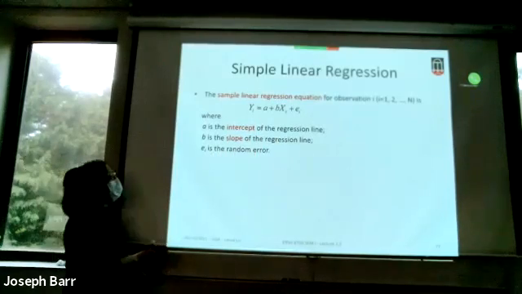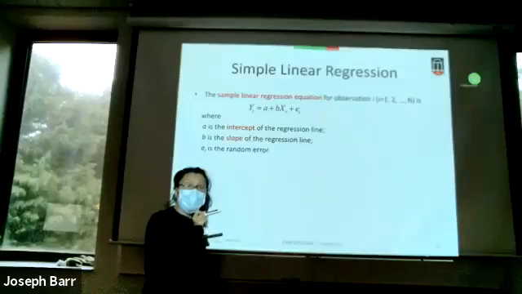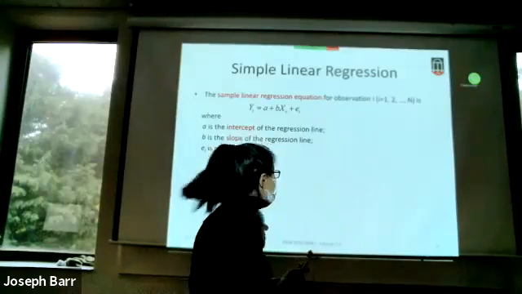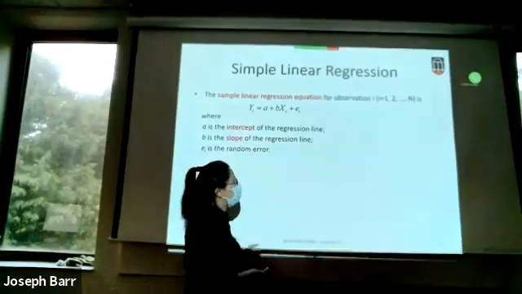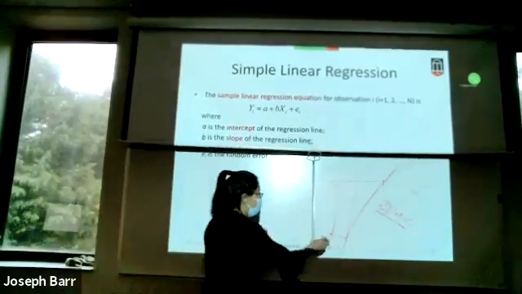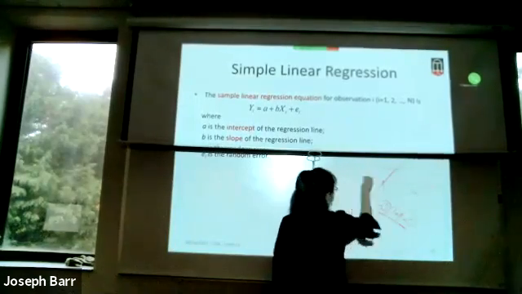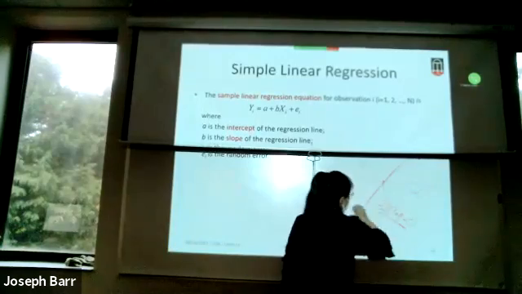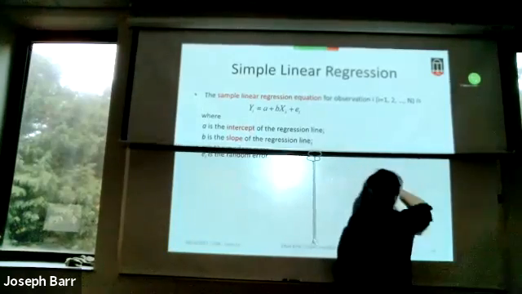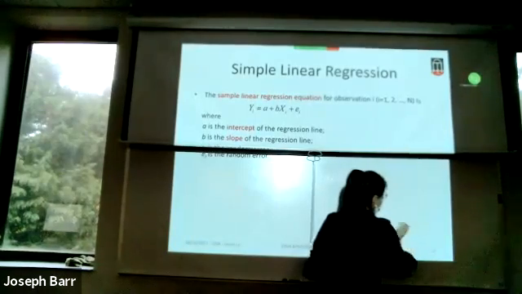So how to understand the meaning of A, the meaning of B? What is the meaning of intercept? This is the regression. Everybody should be familiar with those concepts. Let me explain these terms in common language.